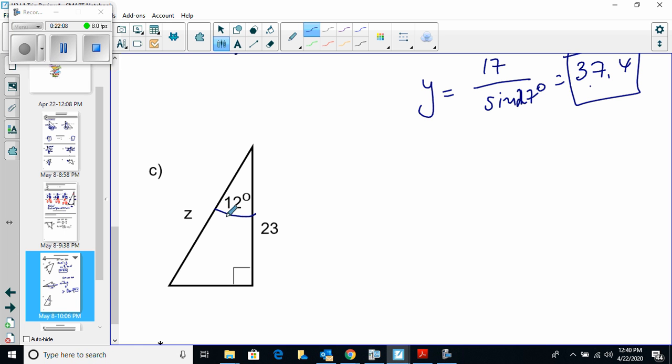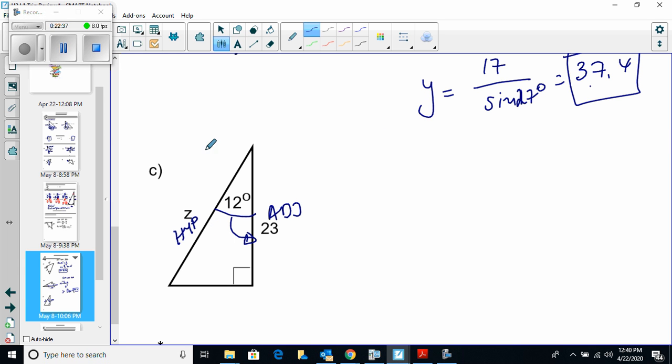Now the next one is a right angle triangle in which again the hypotenuse is unknown, one angle is 12 degrees and one of the sides is 23. So this side is supporting the angle, which makes this side the adjacent, and the side that we are looking for is the hypotenuse.